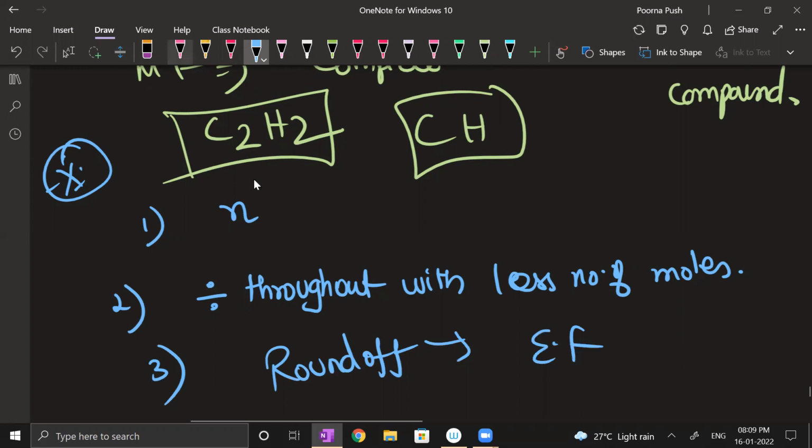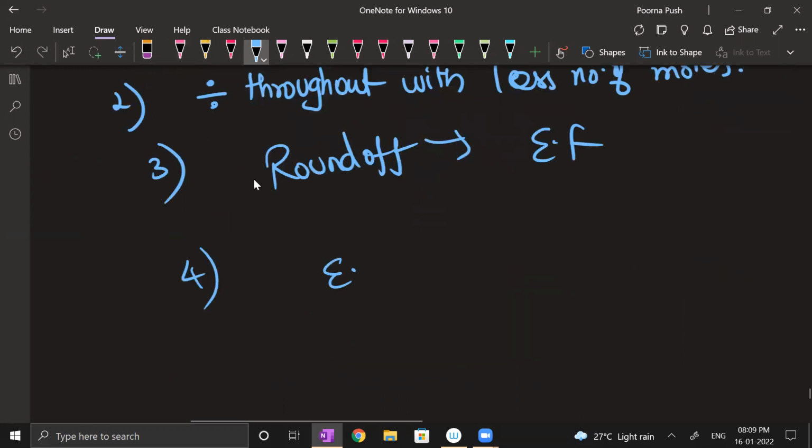Suppose you want to find the molecular formula: find the empirical mass.